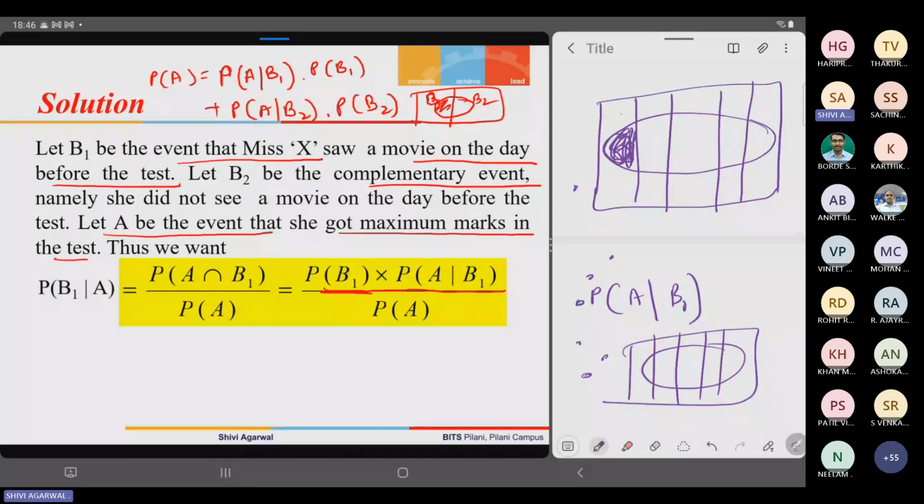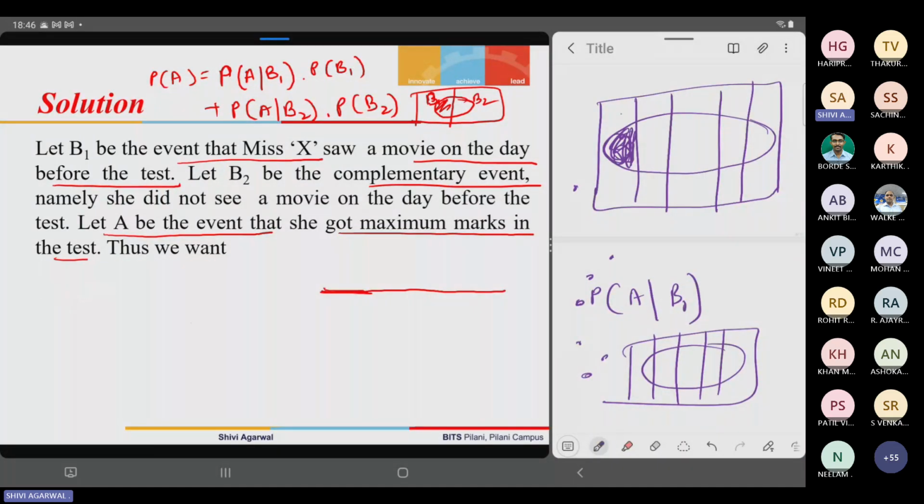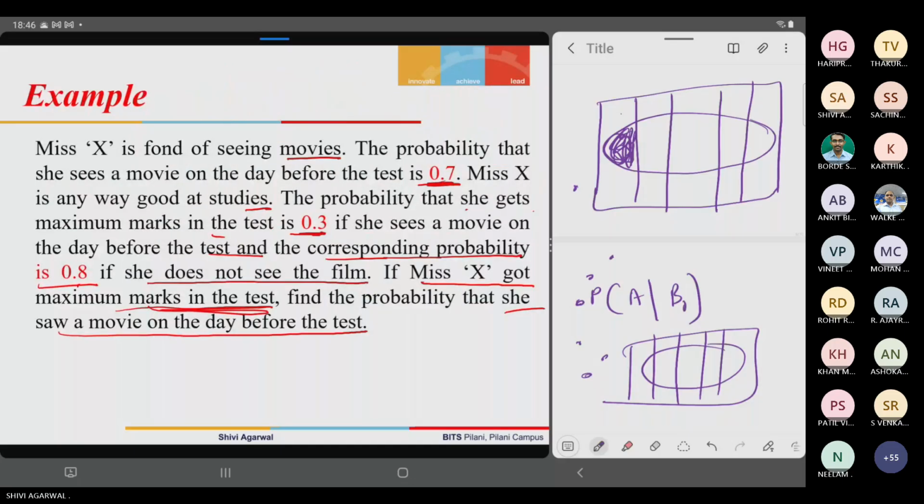All the information you have, just plug in the values in the formula. What is the probability of A given B1 multiplied by the probability of B1? If you just go back in the formula, the probability that she saw a movie, B1, is 0.7, and the probability of B2 is 0.3.